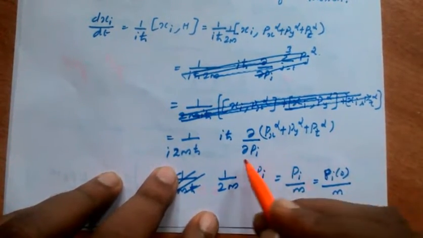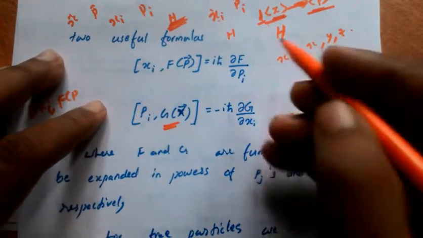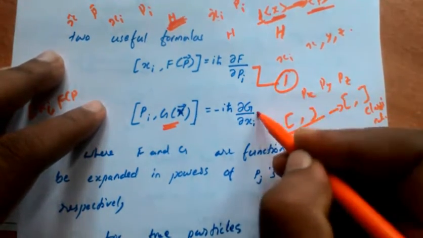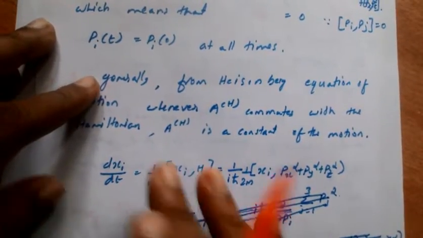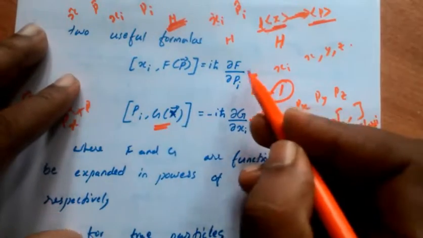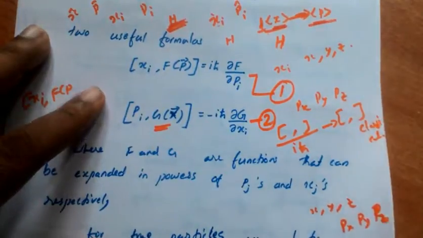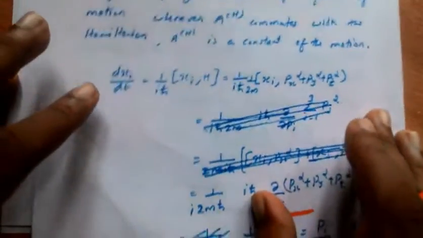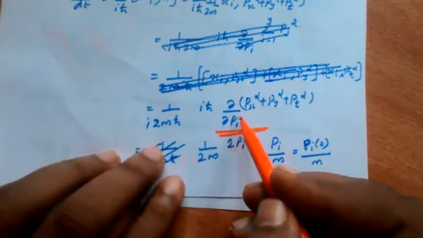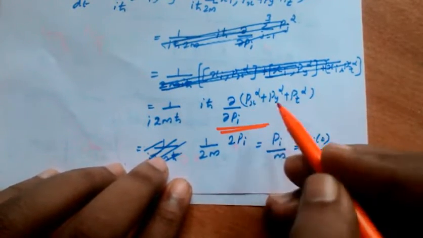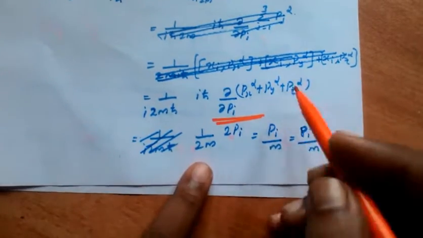Here I am using this identity. Let me say this equation 1 and this equation 2. So H is a function of p, and I am using equation 1, xi with f of p equals ih cross dou over dou pi. That identity I am using here, ih cross dou by dou pi of the function of momentum.